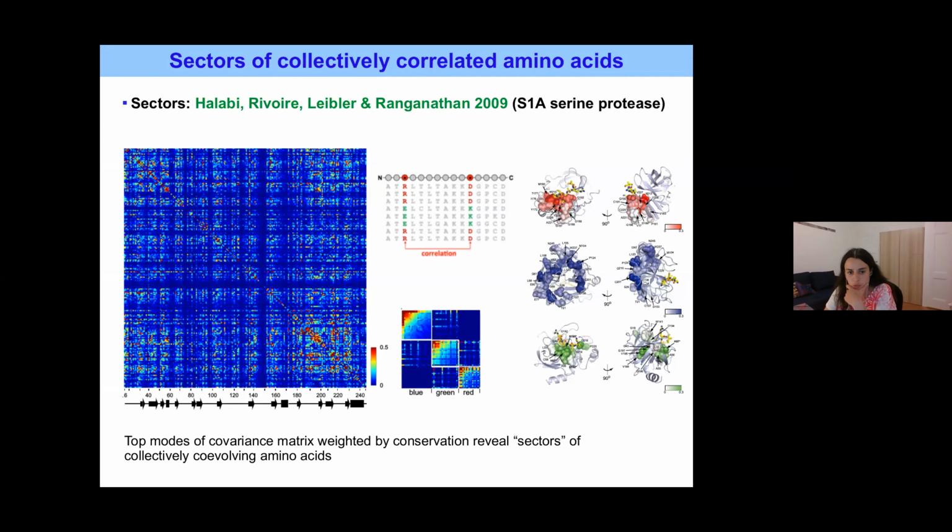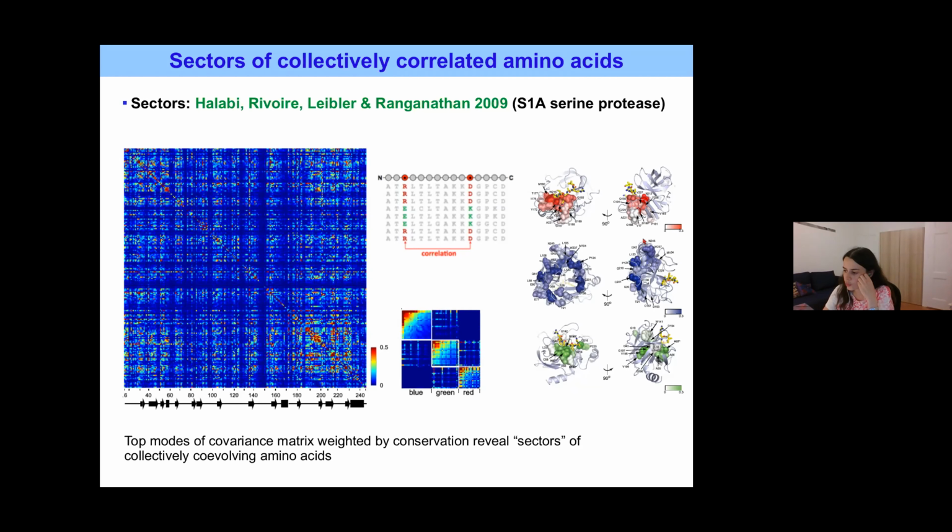The red points are the pairs of amino acids which are highly correlated, which seem to be quite all over the place. But if you do an eigenvector eigenvalue analysis and reorder the matrix, you will find groups of collectively correlated amino acids which are along the top modes of the covariance matrix. And it turns out that these sectors found from the statistical analysis of sequence data are constituted of amino acids that are colocalized in 3D, and that have impacts on different aspects of protein function.